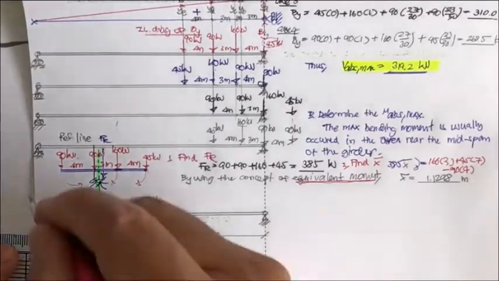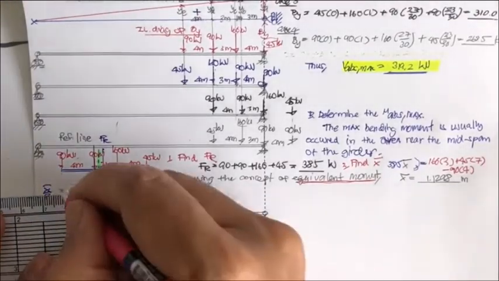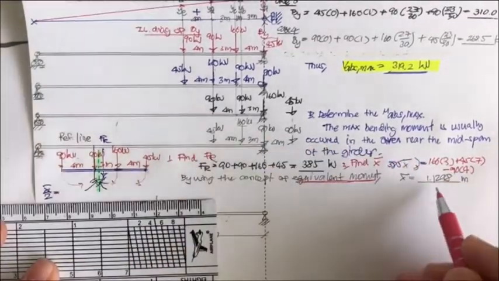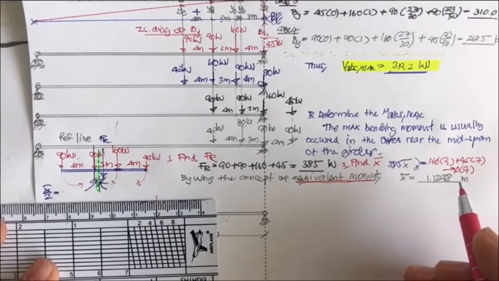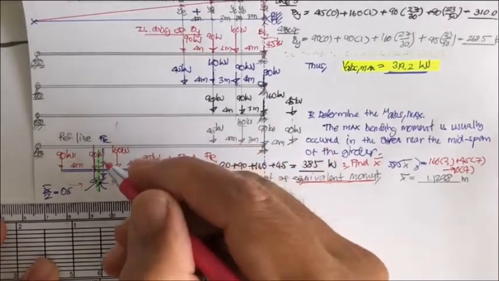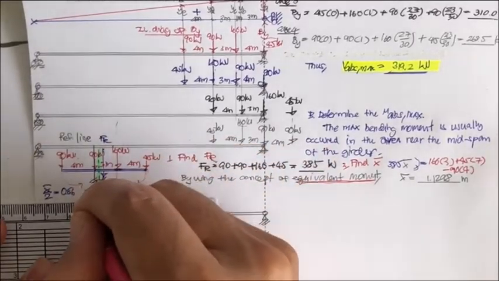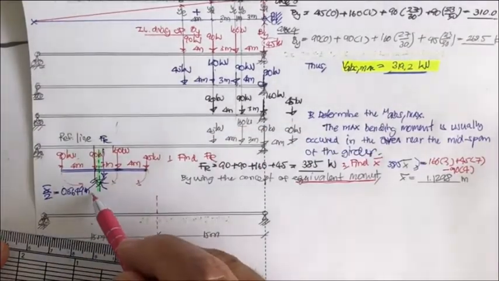X bar divided by 2. So x bar divided by 2 is going to be equal to 1.1298 divided by 2. It's going to be 0.5649 meter, and they are going to be equal.